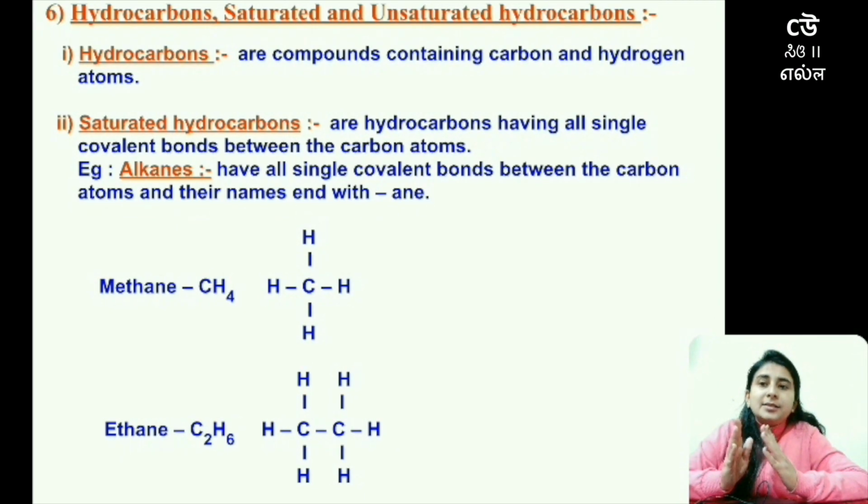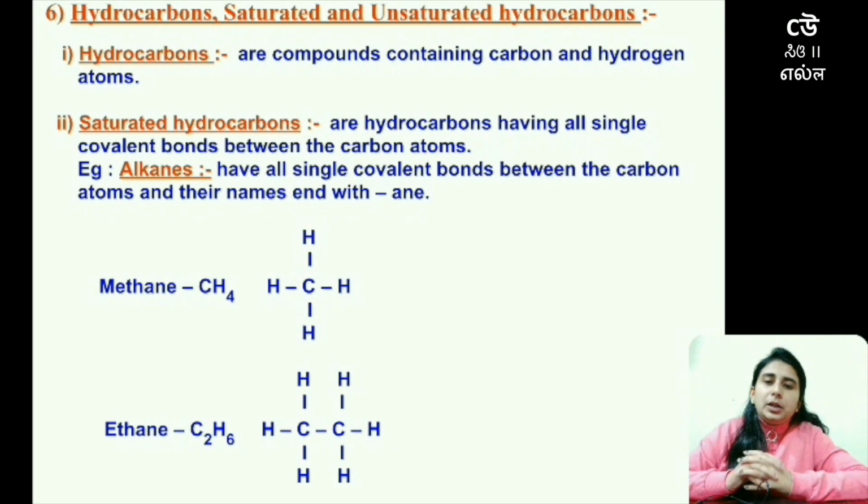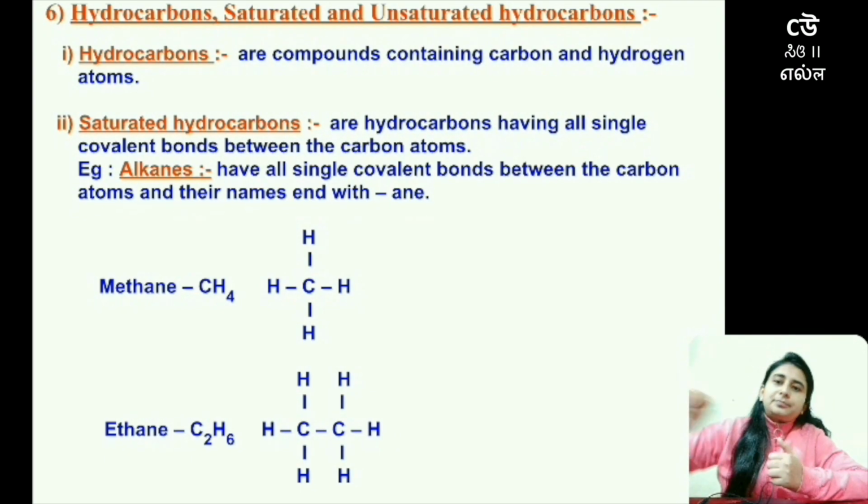So, since it's an alkane, alkane means where there are just single covalent bonds between the atoms. You are just required to place A and E at the end, and this will clearly show that if it is methane, it belongs to alkane group. If it is ethane, it belongs to alkane group, and so on.